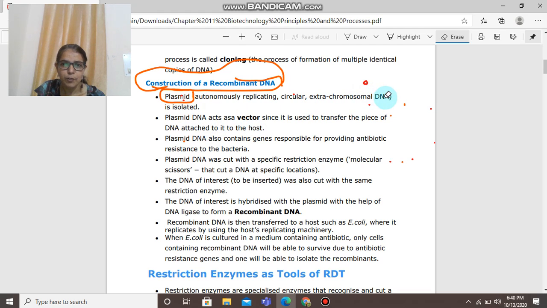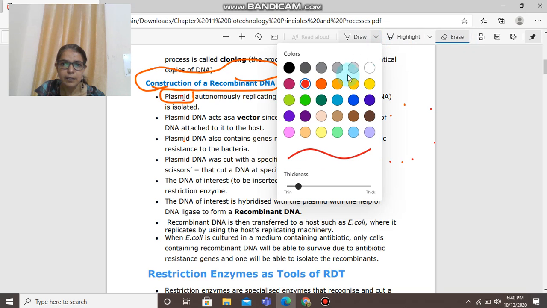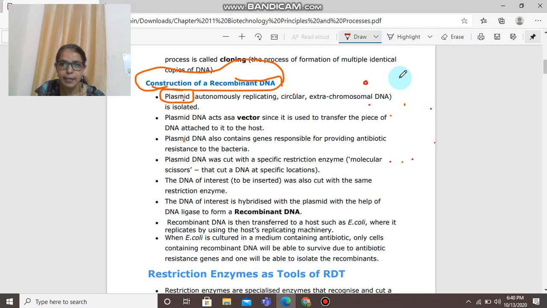This plasmid is isolated. Suppose in the first step we had isolated this DNA. So this is the plasmid DNA. Now this plasmid DNA contains the genes responsible for providing antibiotic resistance to the bacteria. What does it mean? If this plasmid DNA is acting as the vector, why is it acting as a vector?